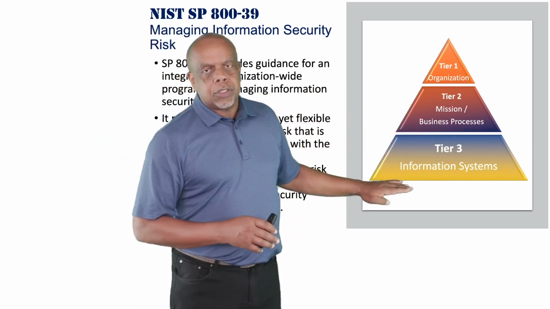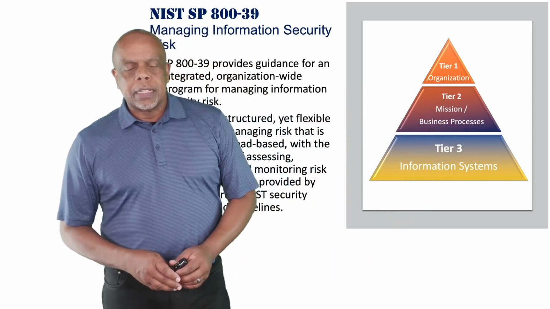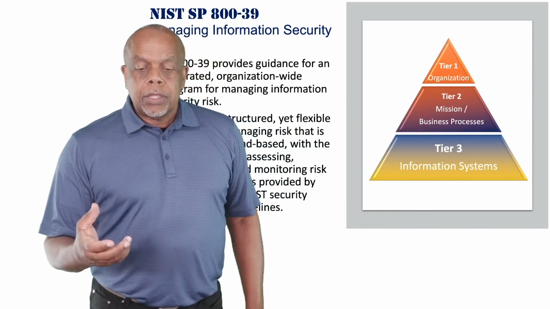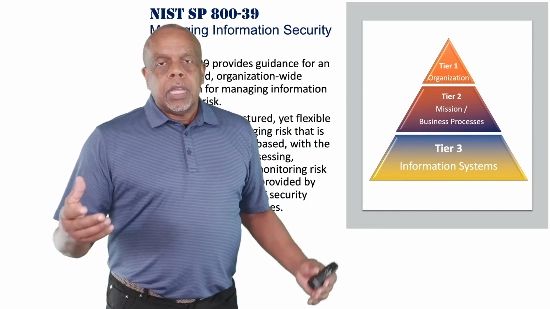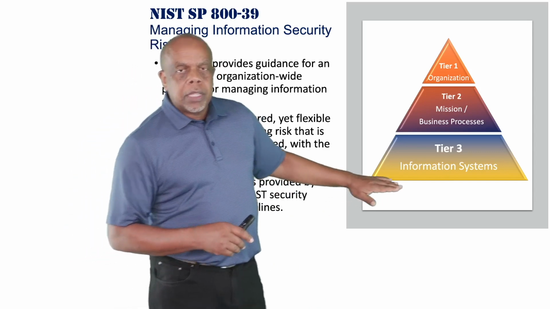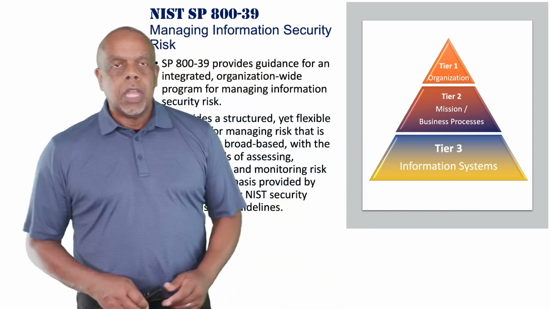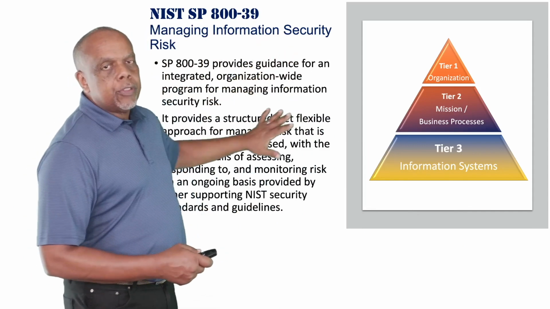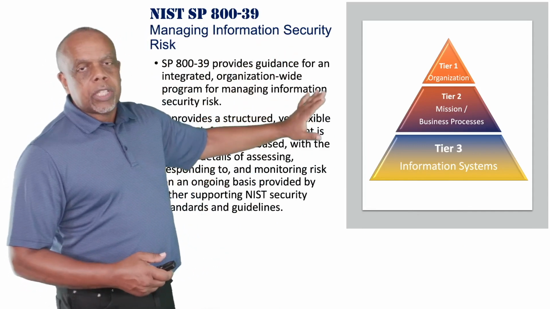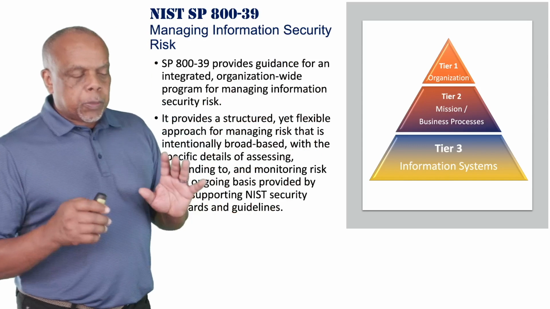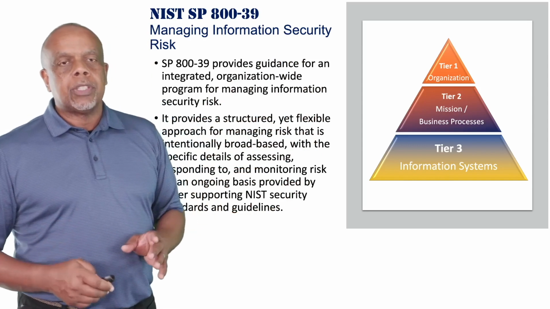And then Tier 3 is more at the operational level, the weeks, days, and months, where we're working with the risk associated with our information systems themselves. So that's 800-39. It gives you a very broad, organization-wide perspective of how to run and manage security risk.